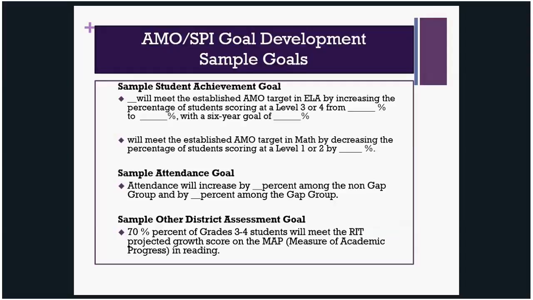So here's an example. 70% of grades 3 through 4 students will meet the RIT projected growth score on the MAP in reading. And again, you want to make sure that if you have some local or district assessments, the assessment you choose to write your principal's growth goal with aligns in some way with the SBAC data.